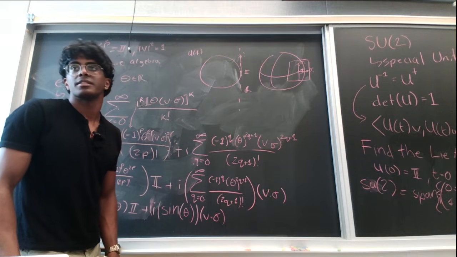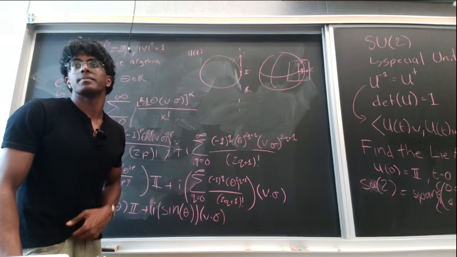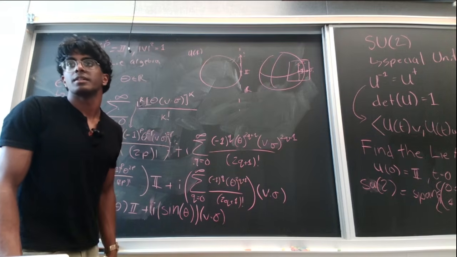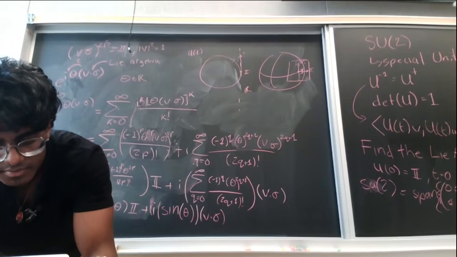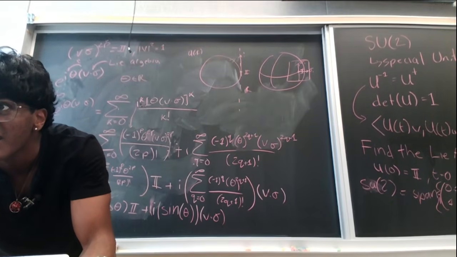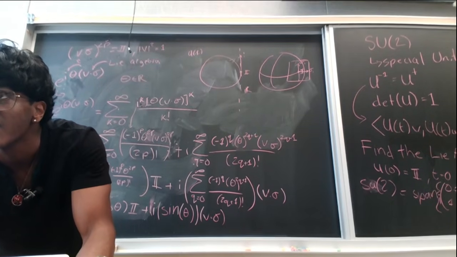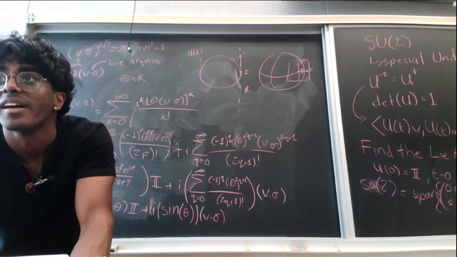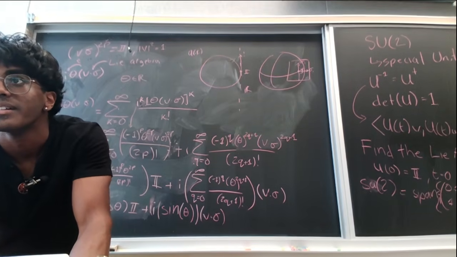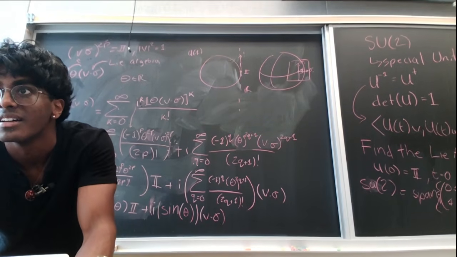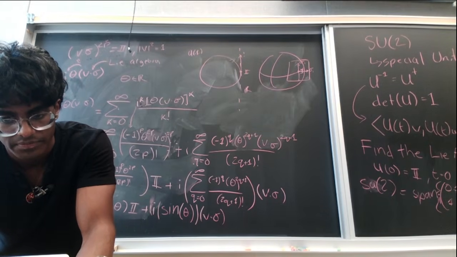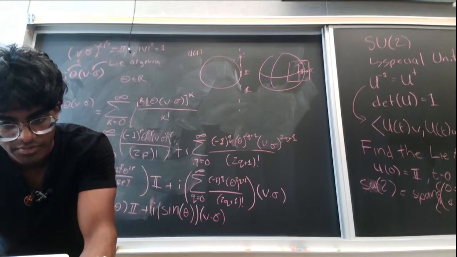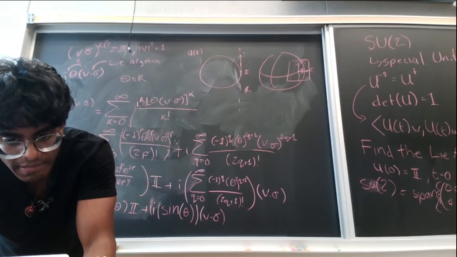You can embed it into the 4-dimensional Euclidean space, identifying the 4-dimensional space with the algebra of quaternions. The group SU2 is isomorphic to the group of quaternions of unit length, and the quaternions of unit length in the 4-dimensional algebra form a 3-dimensional sphere.